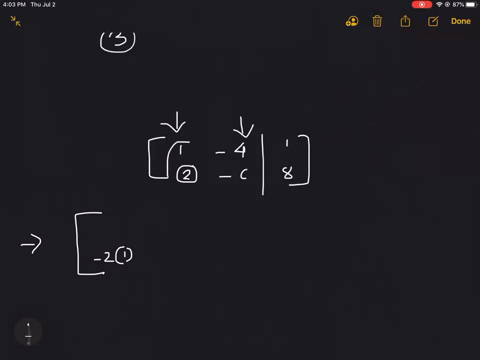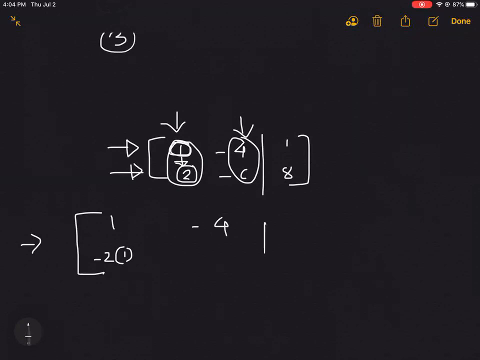You need to add or subtract the corresponding column values. So when you're multiplying the first row by -2 and adding that with the second row, you will actually add the corresponding column value. Let me write it for you first.